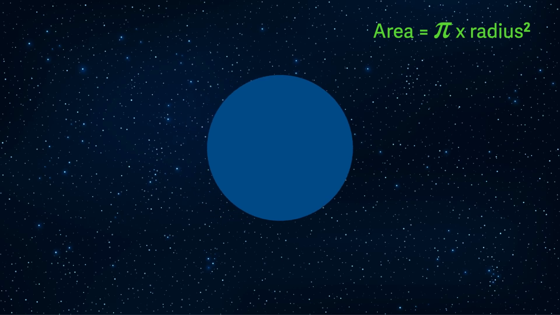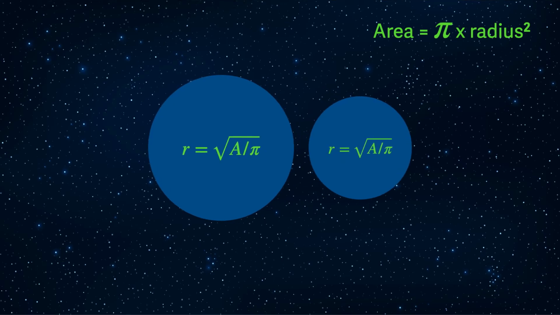If we go back to the formula, A equals pi times r squared, we could rearrange it to say that r equals the square root of A divided by pi. Now, if we want to calculate the radius for a circle half the size, we exchange A for A divided by 2, or half the area.